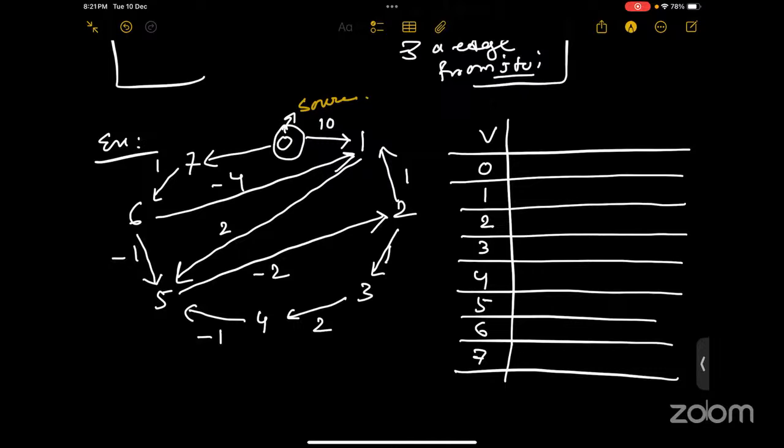This is the first step. We listed all the vertices, and as we know, 0 is the source, so the distance will be 0 for 0, and the distance for the rest of the vertices will be infinity. This is our initial step.